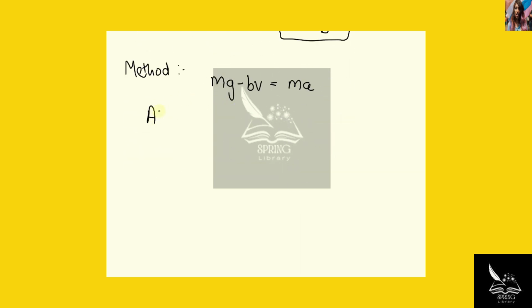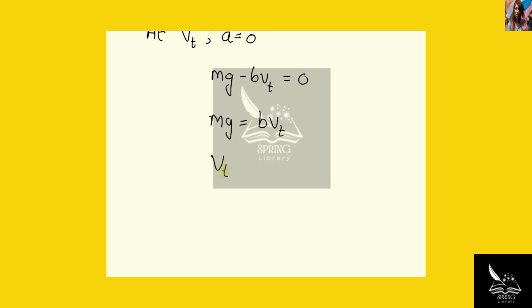So at vt, the acceleration is 0, and my equation will turn out to be mg minus b vt equal to 0. So from here mg is equal to b vt, and vt will be equal to mg by b. The same answer we get.